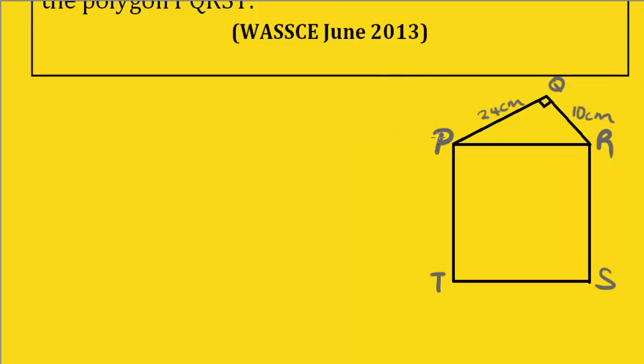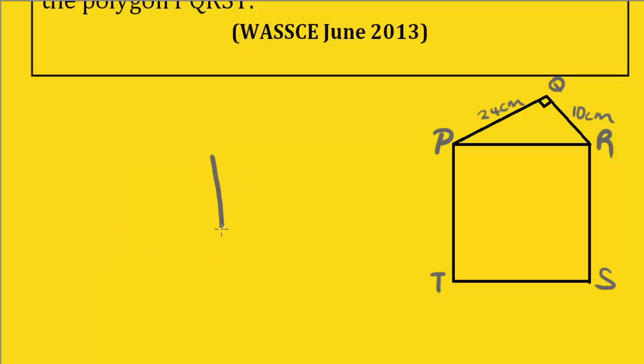So the square PRST and the polygon PQRST, so it's the whole thing. So let me do it this way. The square is obvious, but the polygon is this.